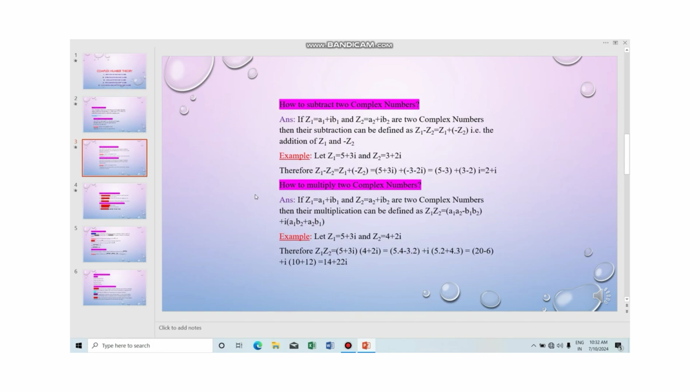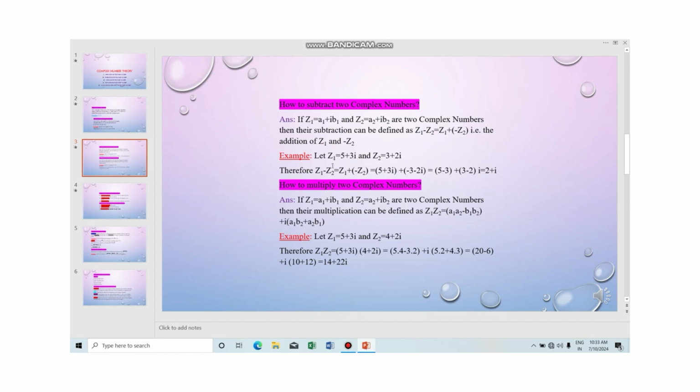Now, subtraction of two complex numbers. If z1 and z2 are two complex numbers, then their subtraction can be defined as z1 minus z2 equals z1 plus of minus z2, that is, addition of z1 and minus z2.